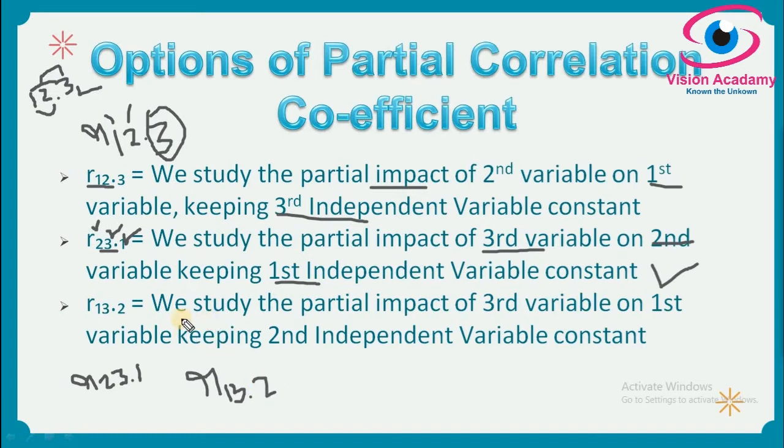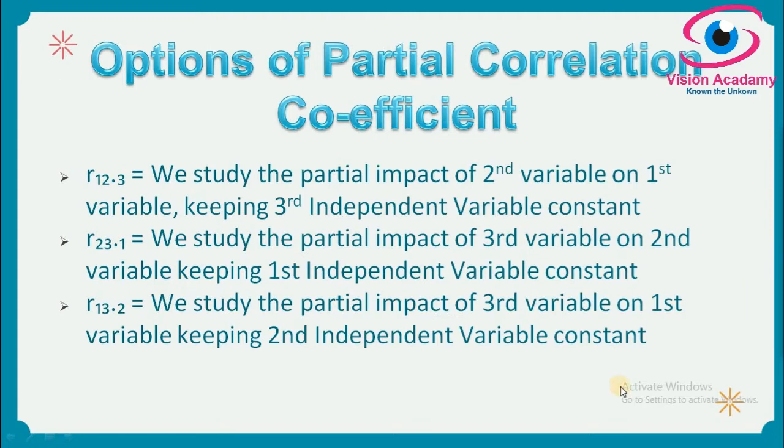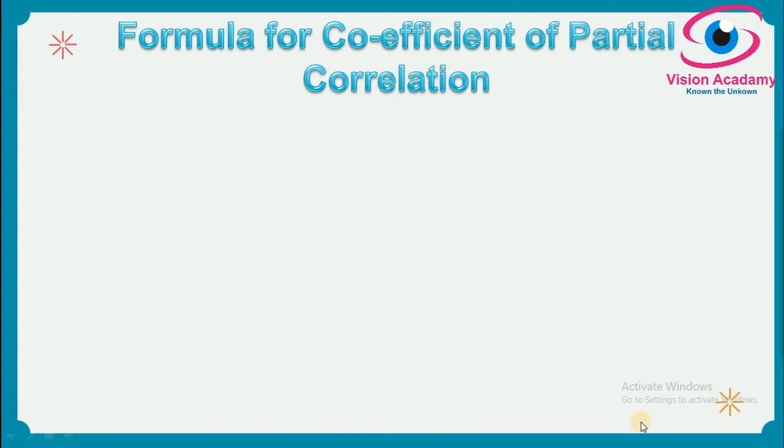So in this case we study the partial impact of the third and first variable, keeping the second independent variable constant. So these are the three options in the case of partial correlation, and these are the respective meanings of the respective options also.